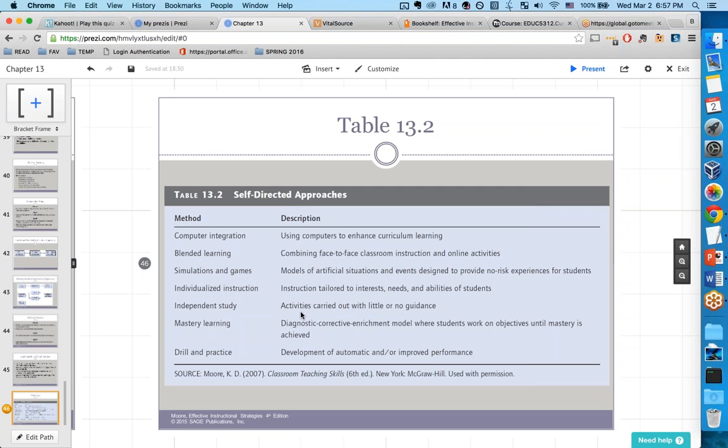In independent study, the activities are carried out with little or no guidance, pretty much by the students. Mastery learning is a diagnostic-corrective-enrichment model where students work on objectives until mastery is achieved. Again, you use pre-assessment, formative assessment, and summative assessment at the end.